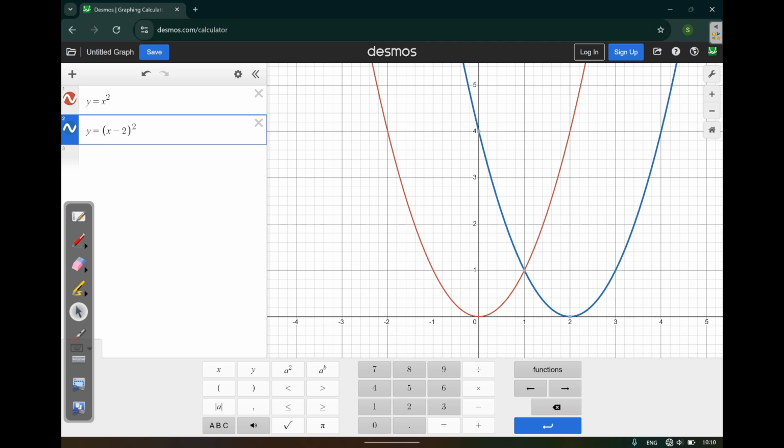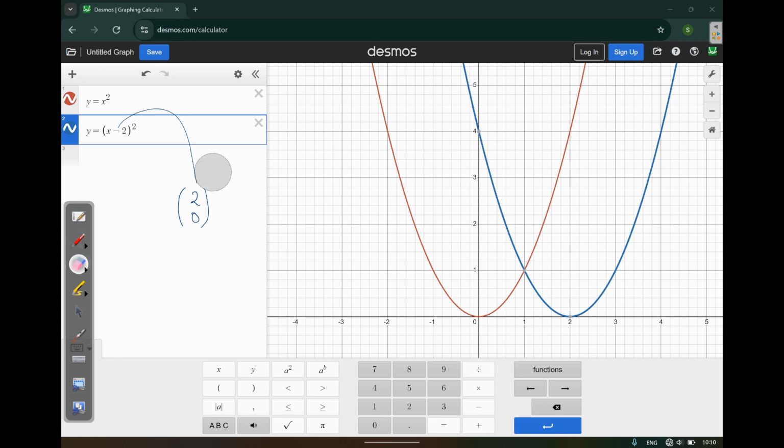I put a minus here, but it has moved to the right 2. That means when the 2 is coming from the transformation, it changes the sign. So we are going to have a transformation by vector 2, 0. It changes the sign, and then here it comes as a plus.